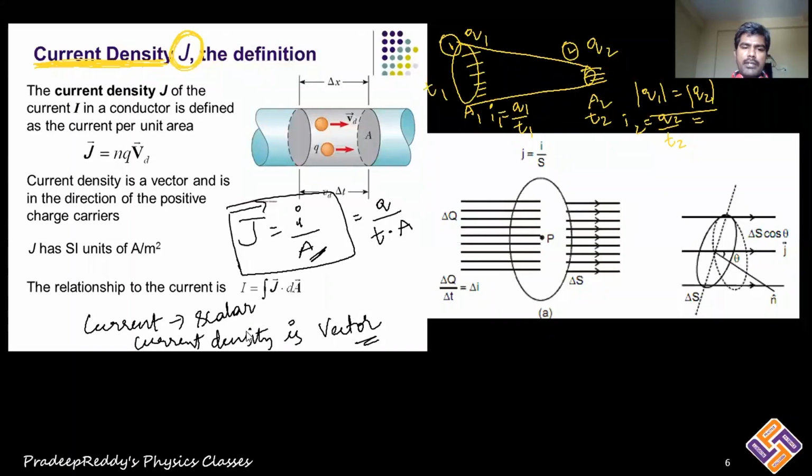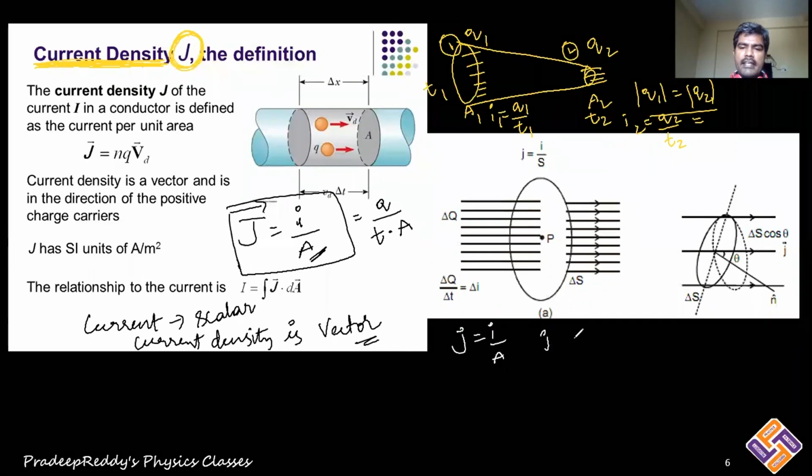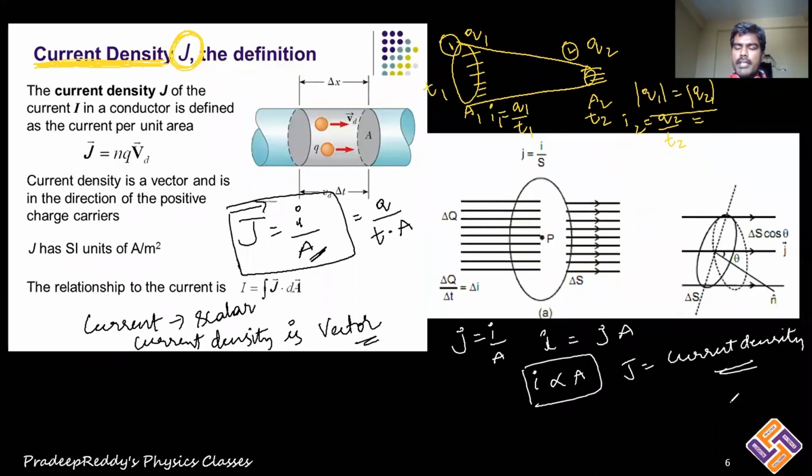Now, as we know the definition of current density, J is equal to I by A, or you can write I is equal to J into A. So I is proportional to A, where J is the current density. Therefore, current is directly proportional to area of cross section.